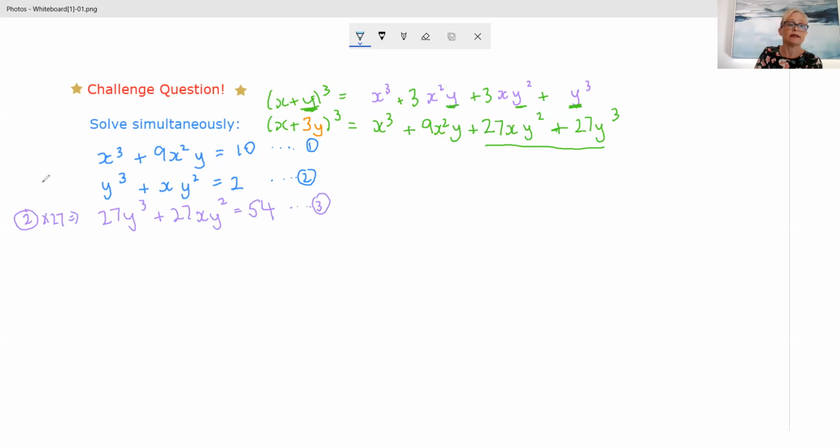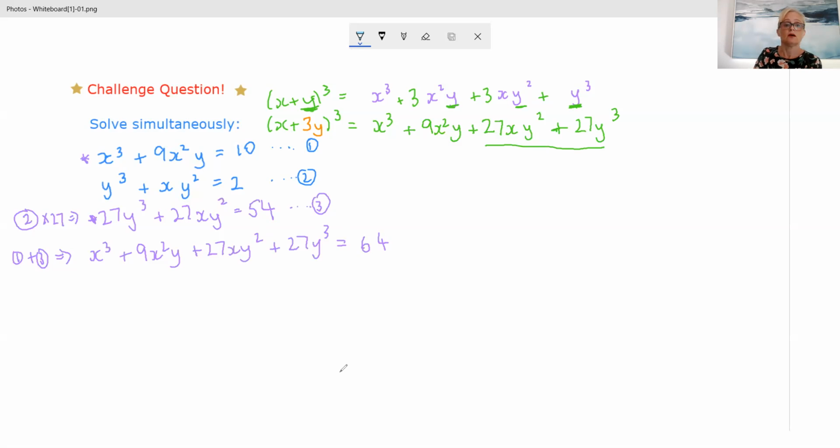So if we now add this equation to this equation, so add 1 and 3, I'm going to write it in the order that it is here. We're going to get our x cubed plus our 9x squared y plus our 27xy squared plus 27y cubed is going to be 10 plus 54, which is 64.